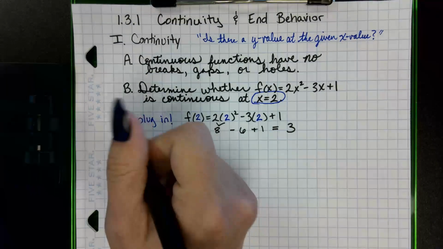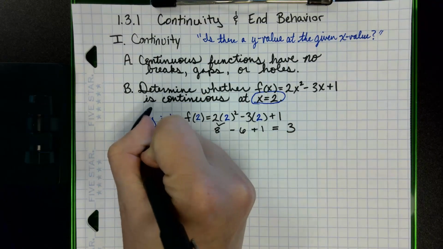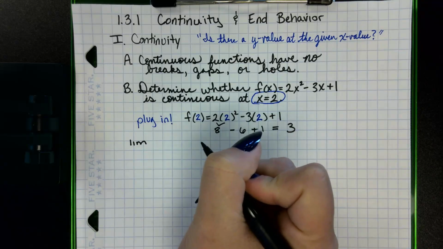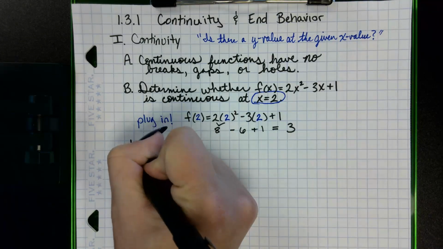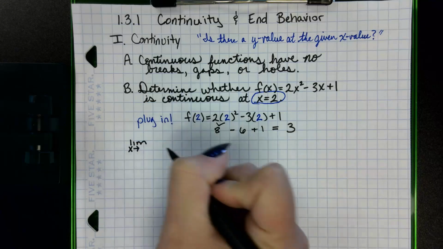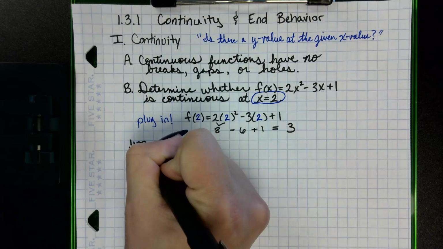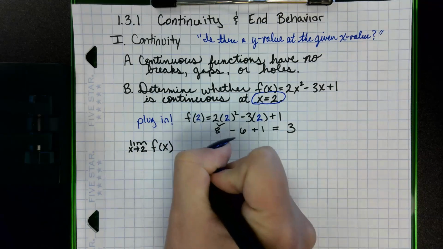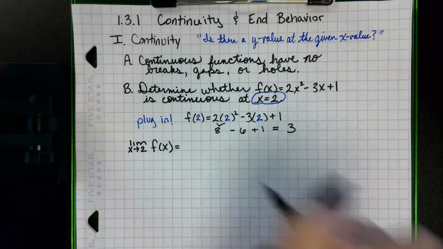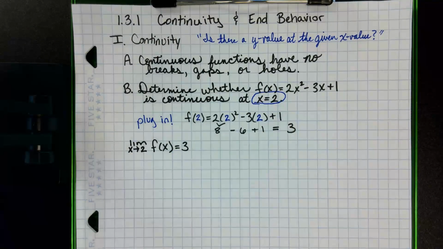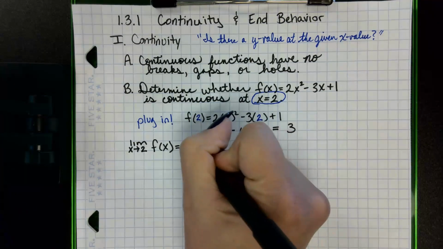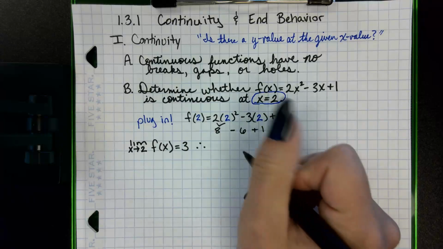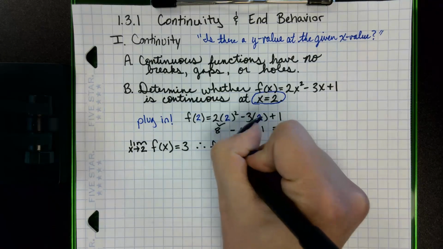I can say, formally, the limit, LIM, and that's written small, and underneath it, x with an arrow, as x approaches 2, of the function f of x equals 3. The limit as x approaches 2 of f of x is 3. Therefore, f of x is continuous.